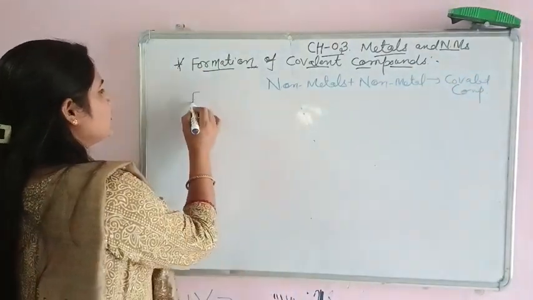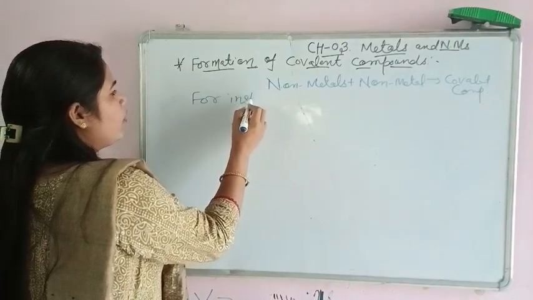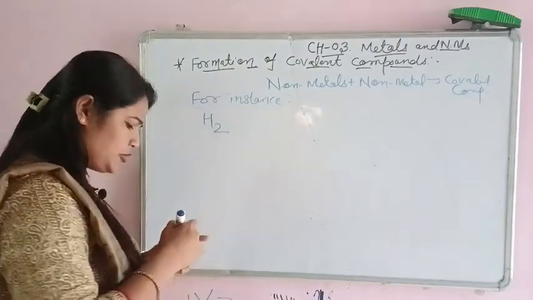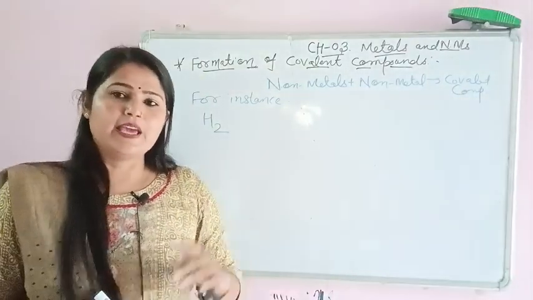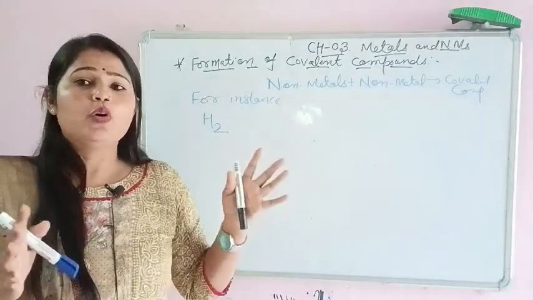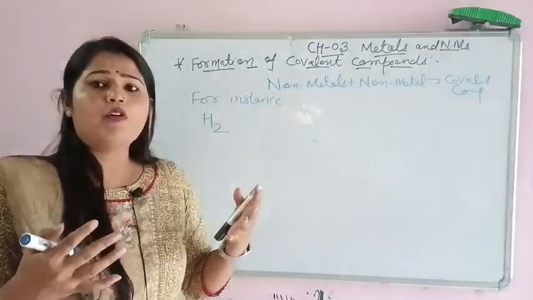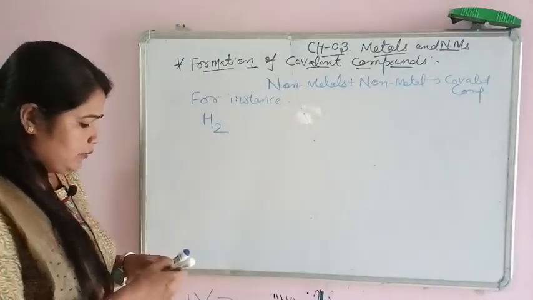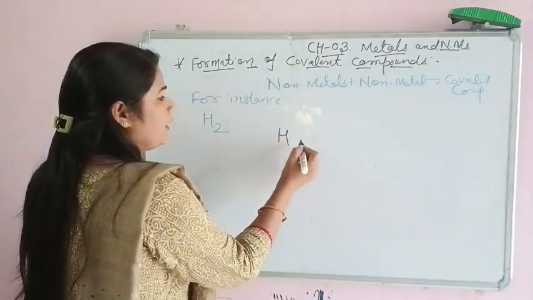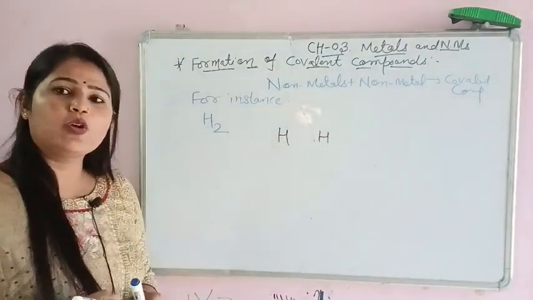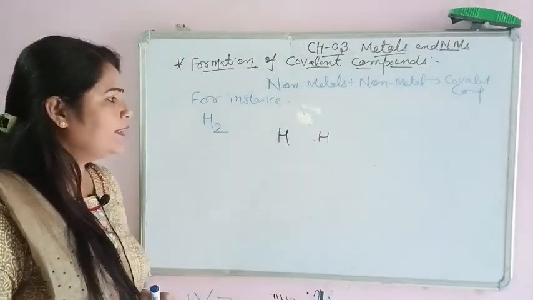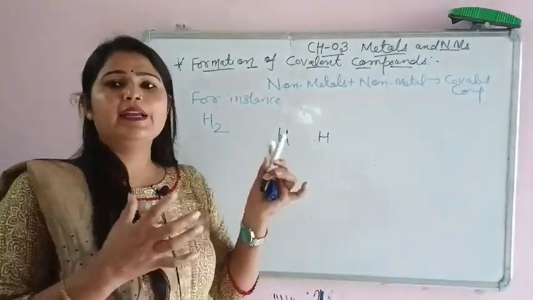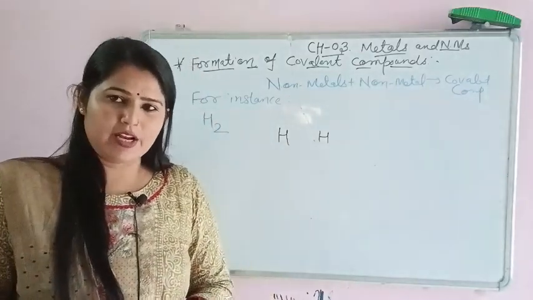So let's take an example. For instance, we take H2 molecule. Clear? So how can we form the H2 molecule, the hydrogen gas molecule? There are two hydrogen atoms present in one molecule of hydrogen. So write two atoms of hydrogen and write the electron dot structure of the hydrogen element.